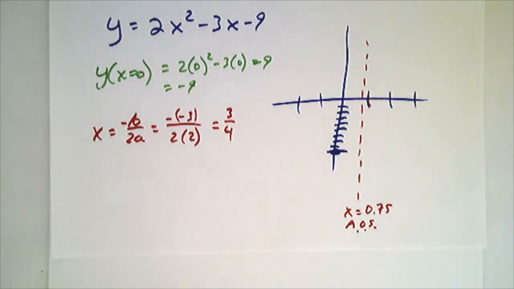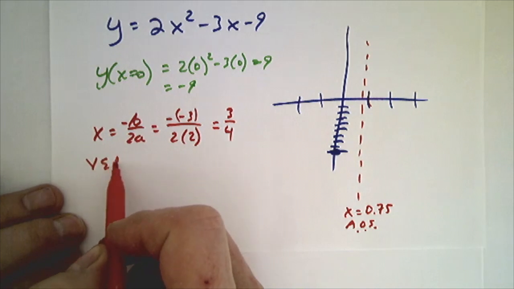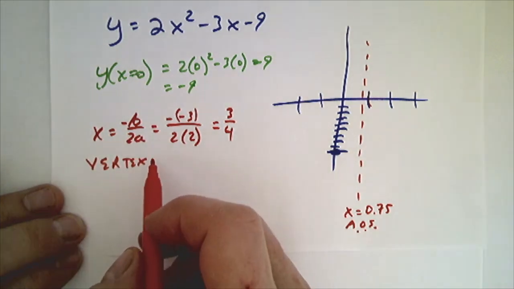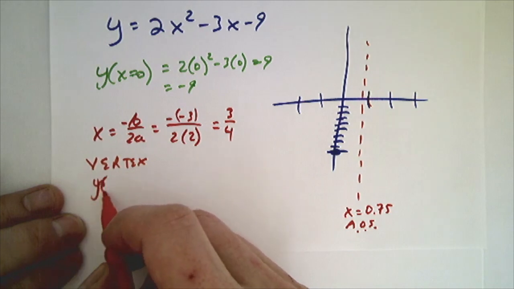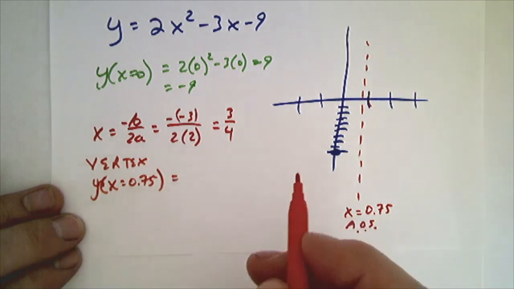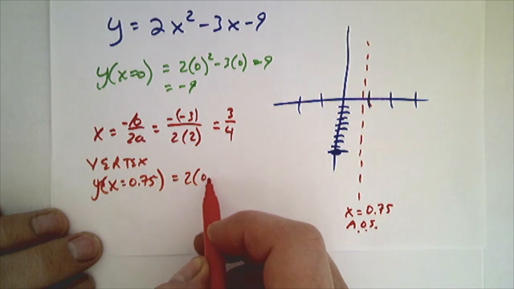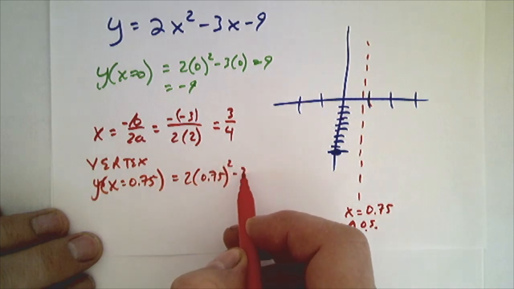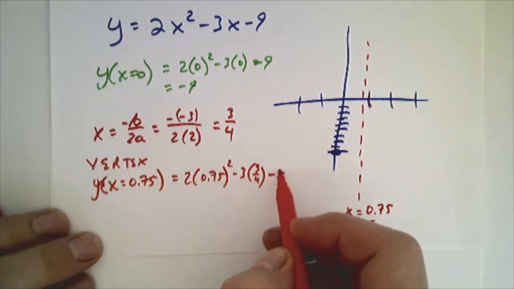Okay, so finding the vertex. Vertex is the same x value. So we know the x value of the vertex. We need to plug that in for y. x is equal to 0.75. And that would be equal to 2 times 0.75 squared minus 3 times 3/4 minus 9.